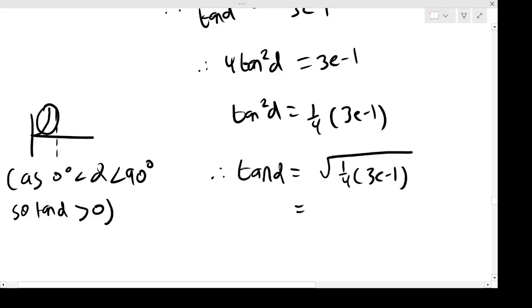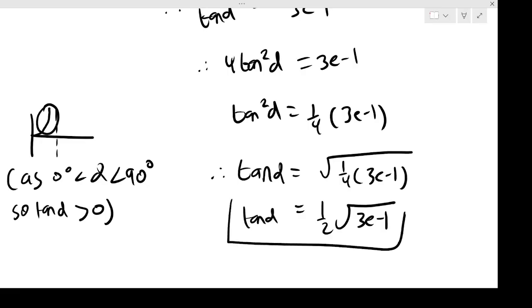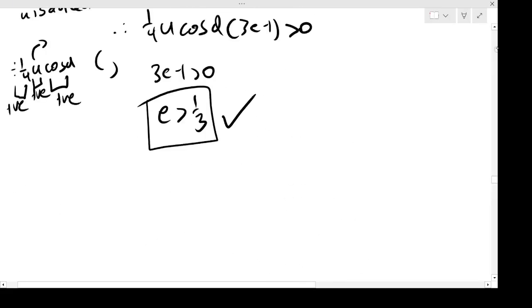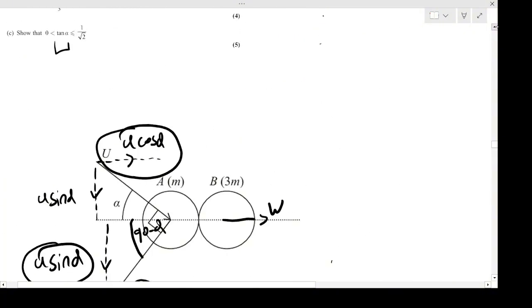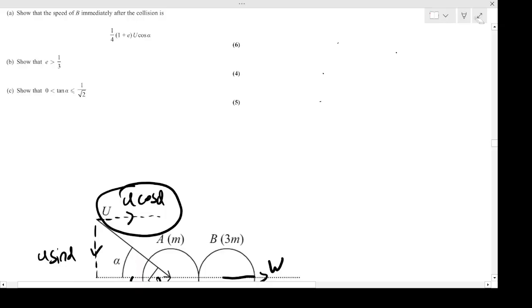And so then we can just simplify the roots. That's going to be a half root 3e minus 1. And so there we are. So that's my expression for tan alpha, okay? But remember, the question wants me to get an inequality. It wants me to deduce that tan alpha is between 0 and 1 over root 2.